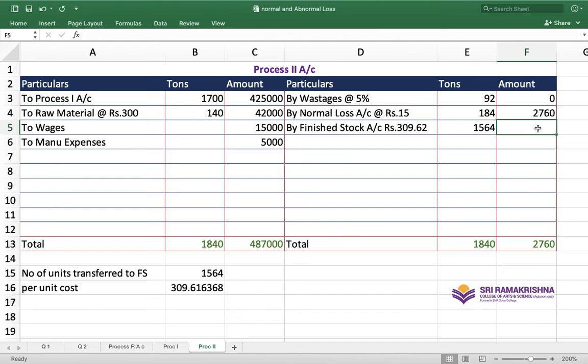This is in fractions. Sometimes you will not be getting the correct value, so it is better to subtract the normal loss from the total cost. You'll get the value. Thank you.